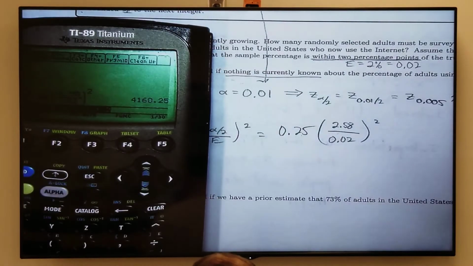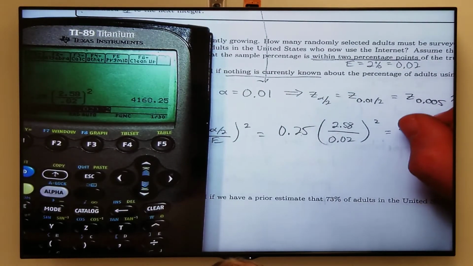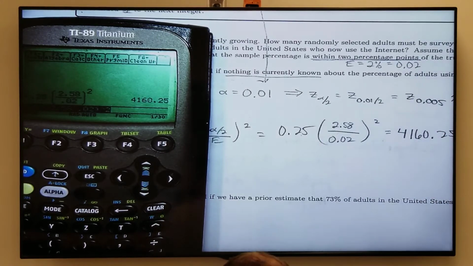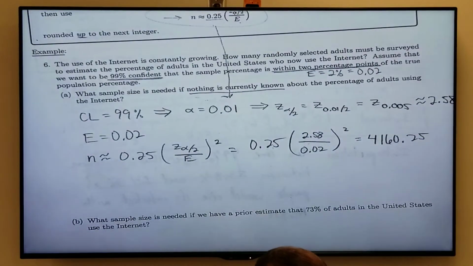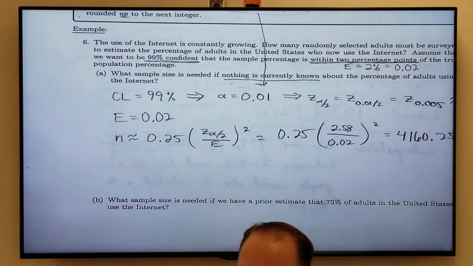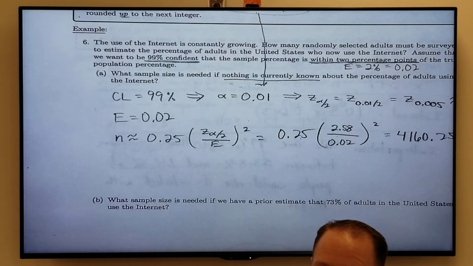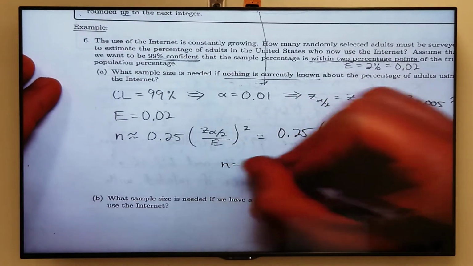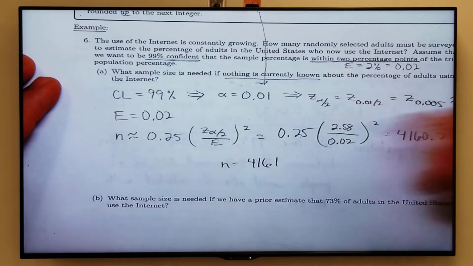Then I hit enter, and I'm coming up with 4,160.25. We're going to round up to the nearest integer. So if you need 4,160.25 individuals in your sample, then really you need 4,161 individuals in your sample. So we would say N is 4,161.